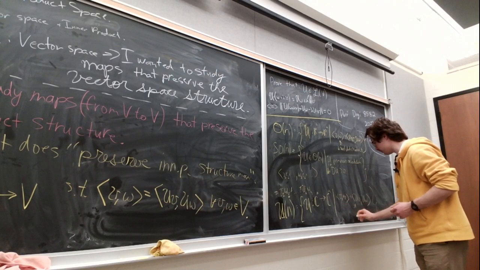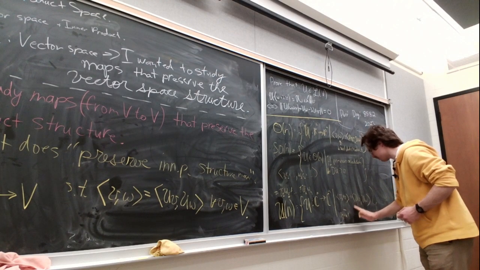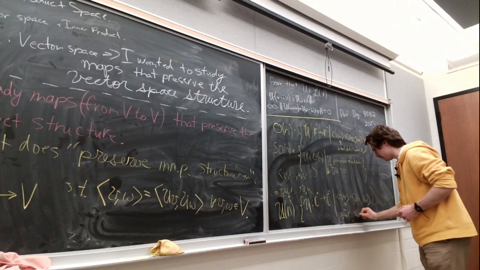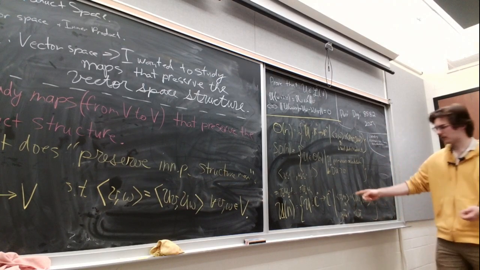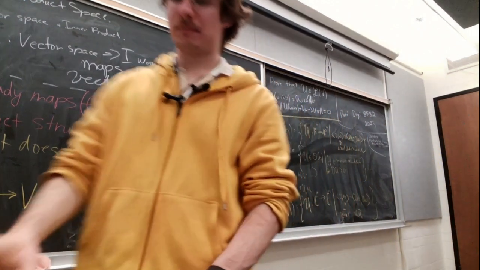Where this means V1 W1 bar plus ... plus Vn Wn bar. So the usual inner product on complex CN.